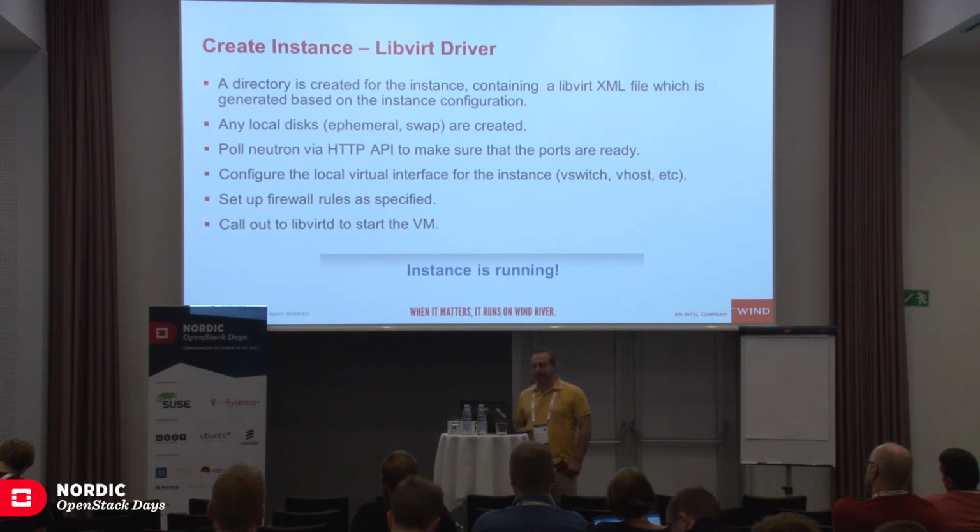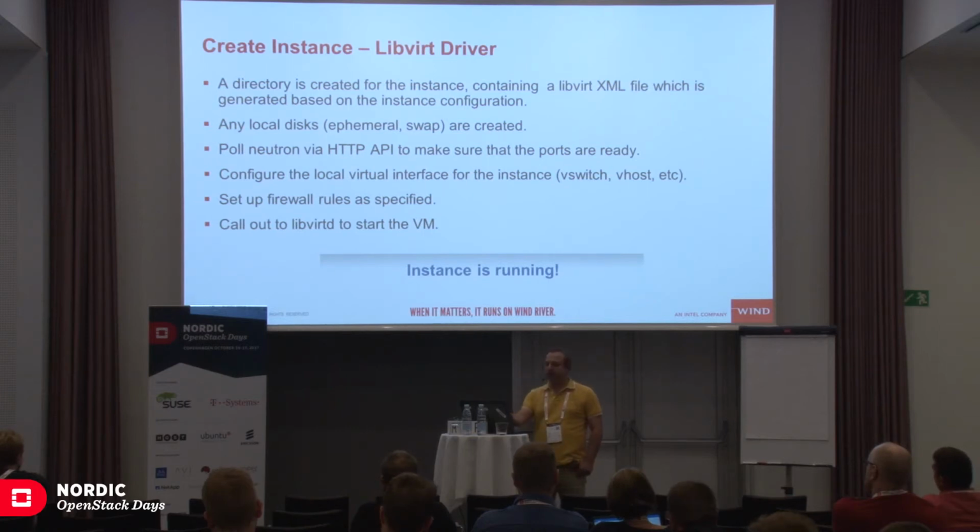Then you set up the firewall rules as specified, and call the hypervisor to start the VM. Now we have a VM up and running and ready to go. Those were the steps you need to take to launch one VM.